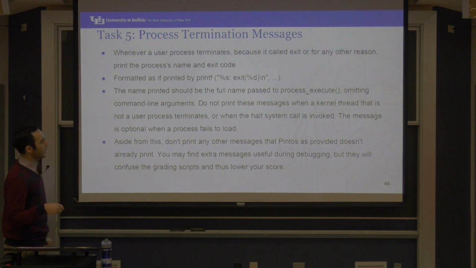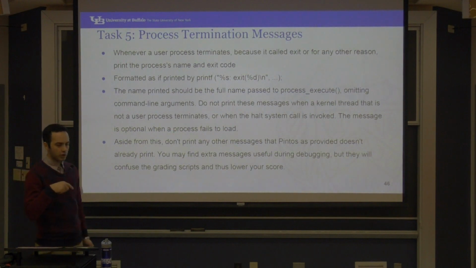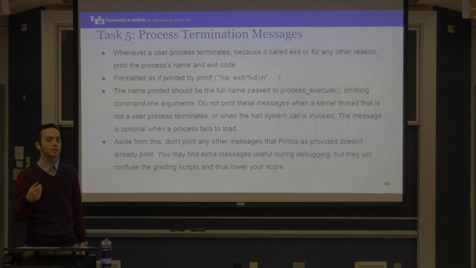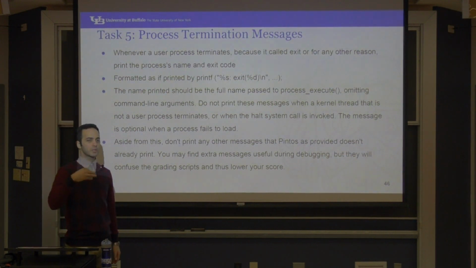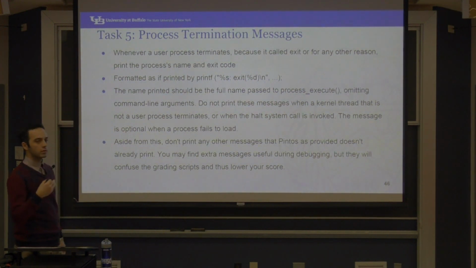So in that case, you don't have to. Actually, I think you should not do it. If a process fails to load, it's optional. Yeah, I think in these cases, actually, you should not print those messages, because again, the testing systems look for these outputs, and they mess with those if there's an extra print.